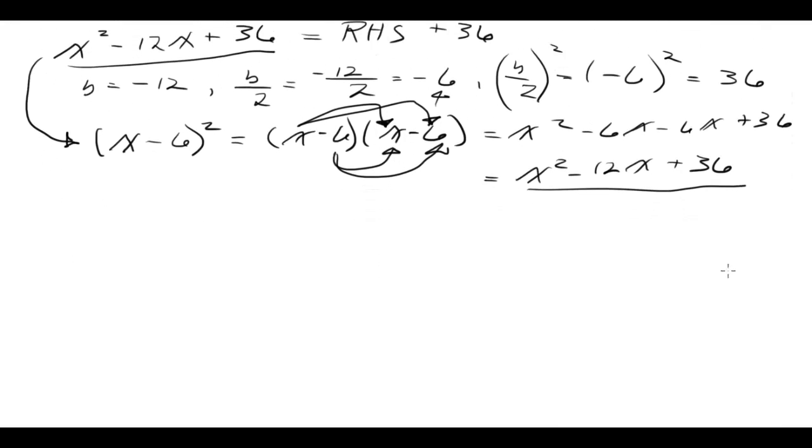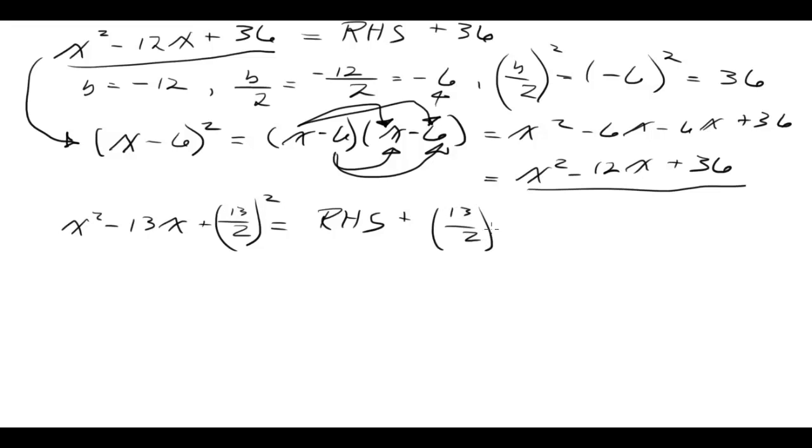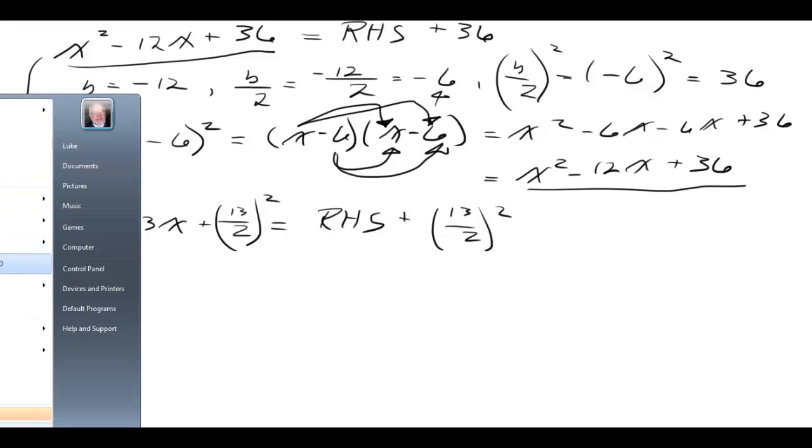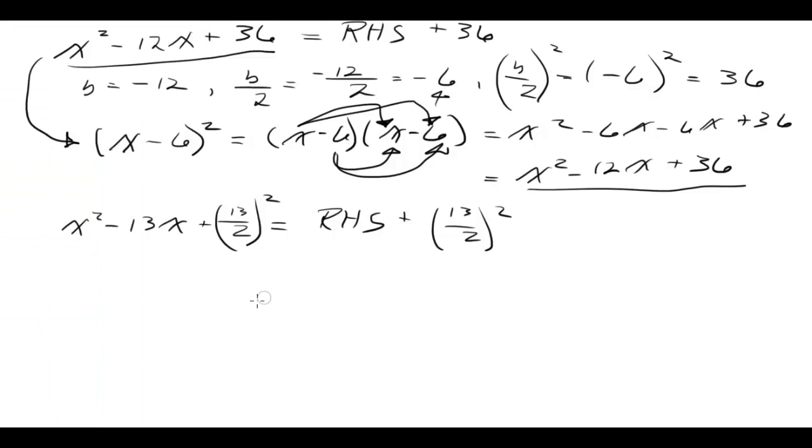Let's do another one. Suppose I have x squared minus 13x, and that's equal to something on the right-hand side. I don't really care. I'm going to do this in my head. This is going to be plus 13 over 2 squared. And of course, I'm going to put that over here. 13 over 2 squared. What's 13 squared? Oh, that's 169.